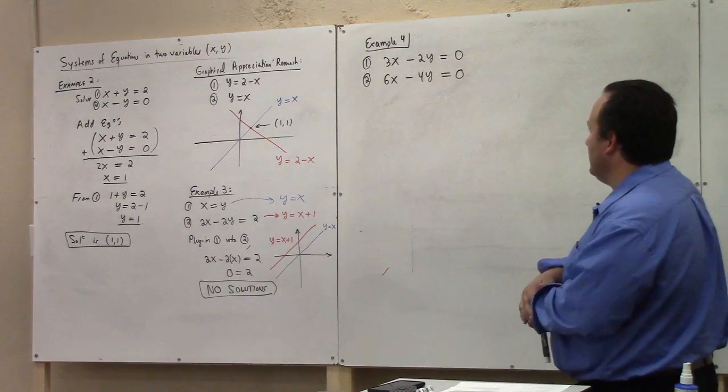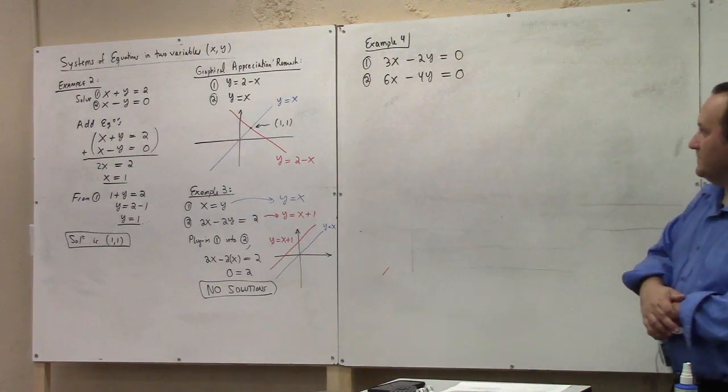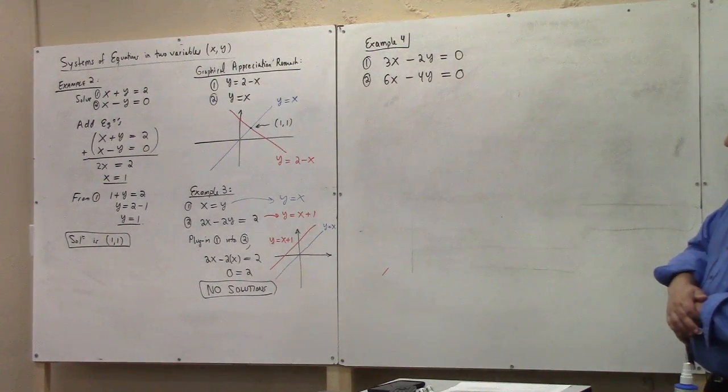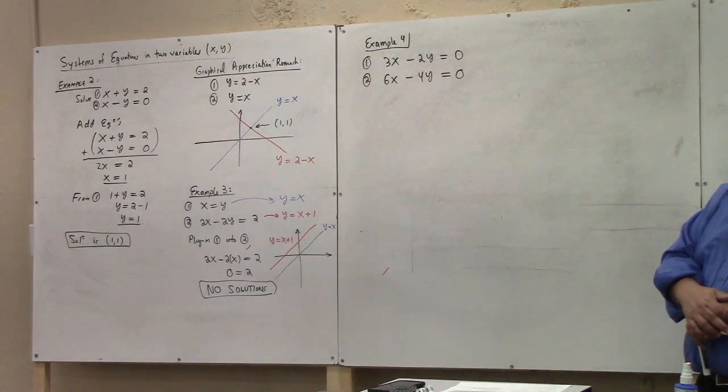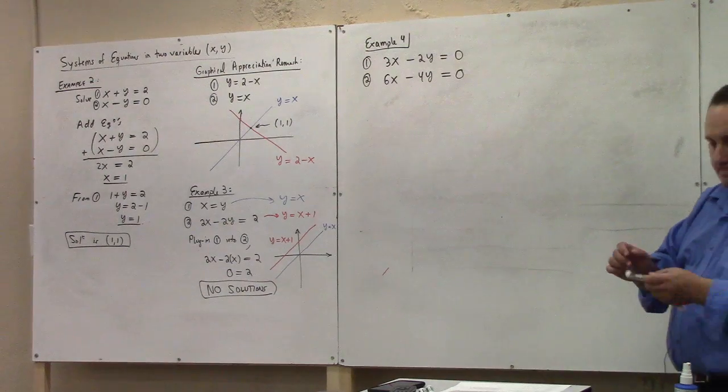So what do you guys think about this one? What I would say about this one is if we take equation 1, and we multiply it by 2, what happens?